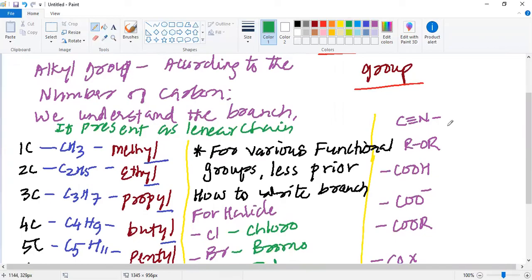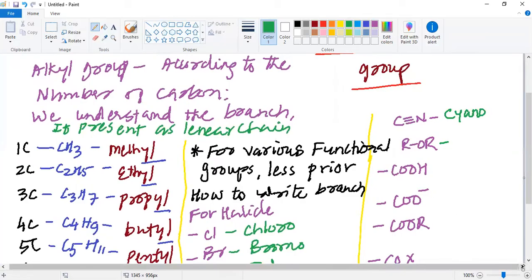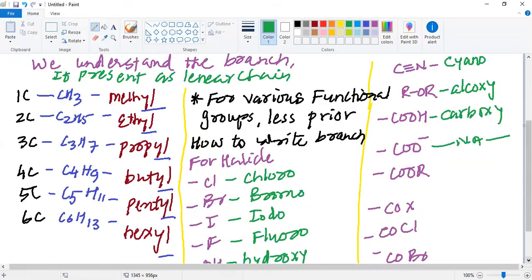For cyanide, we can write cyano. For ether, my dear student, we can write alkoxy. For carboxylic acid, we can write carboxy. For ions like COO minus, we cannot have a prefix.